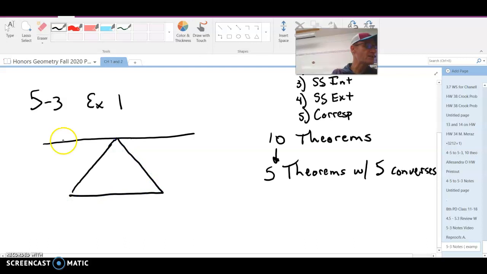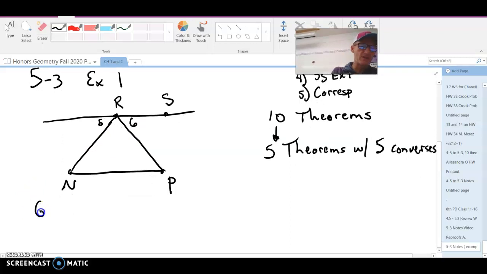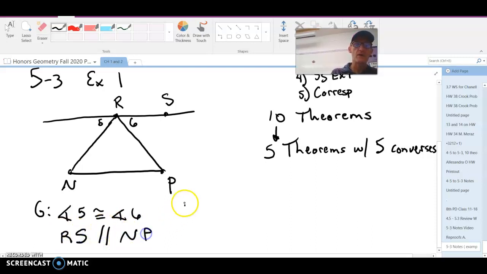All right, and it's R here, S here, N here, P here, 5 here, and 6 here. So you're given that angle 5 congruent to angle 6, and you're also given that RS is parallel to NP. And we want to prove that triangle NPR is isosceles.